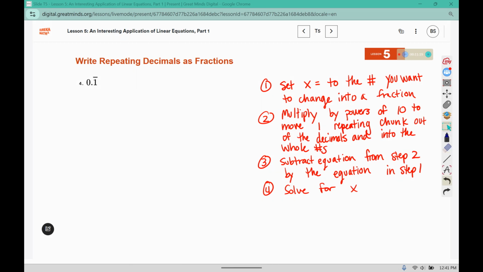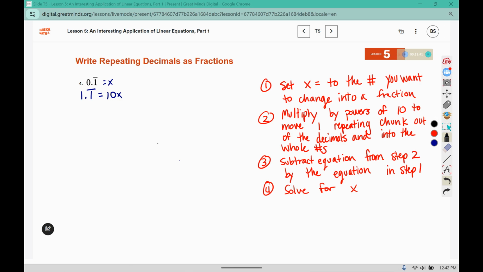So here in number 4, again, set x equal to this. Then we're going to multiply to move that decimal piece that repeats into the whole number. So that's going to need to move one spot. So we just multiply by 10x, and that would give us 1.1 repeating.